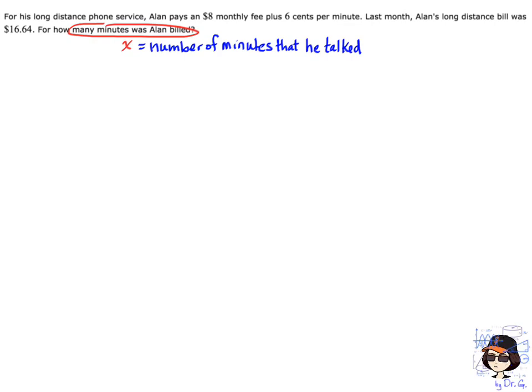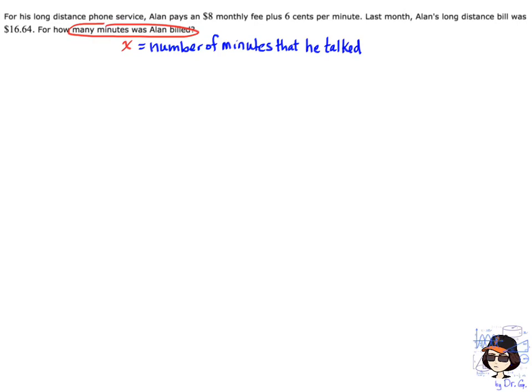You don't have to say X equals. However, you should not say, let X equal minutes, because X is not a minute. X is a number of minutes, okay? So be very, very clear. Demonstrate to your reader that you know exactly what your variable represents.